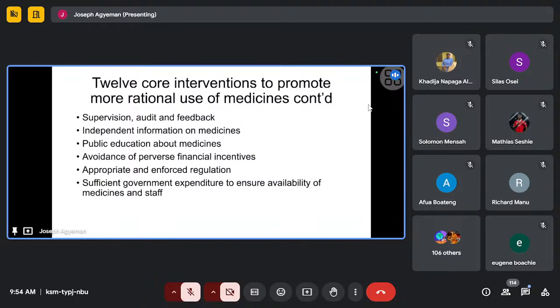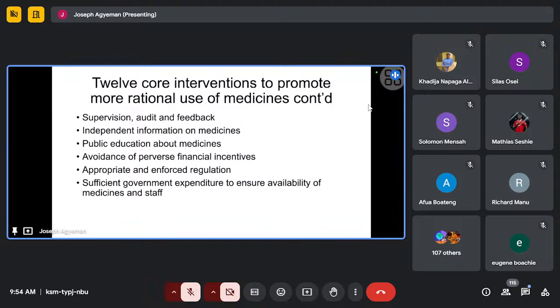So when you prescribe for cash, financial incentives, or you, the dispenser, try to push a certain brand of medication because you are going to be paid, that will not contribute to rational use of medicines, but rather irrational use of medicines. Then the regulators, Pharmacy Council, FDA, and the rest, we need appropriate and enforced regulations.